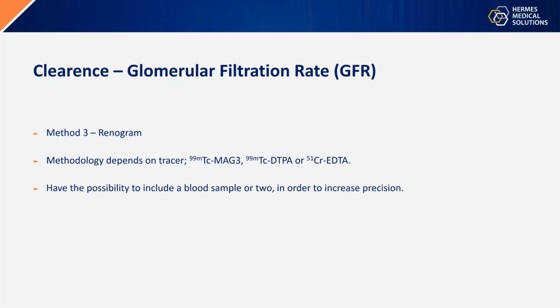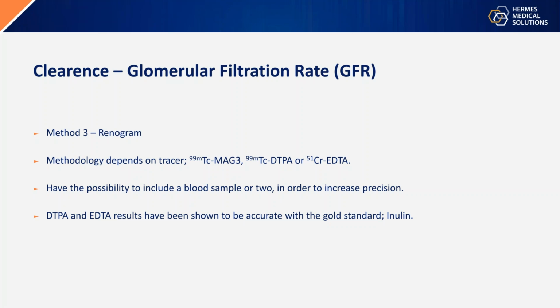Most of them have the possibility to also include a blood sample or two in order to increase precision, but it's not necessary. All of them have shown to be rather reliable, but especially DTPA and EDTA have been shown to be very accurate with the gold standard inulin.